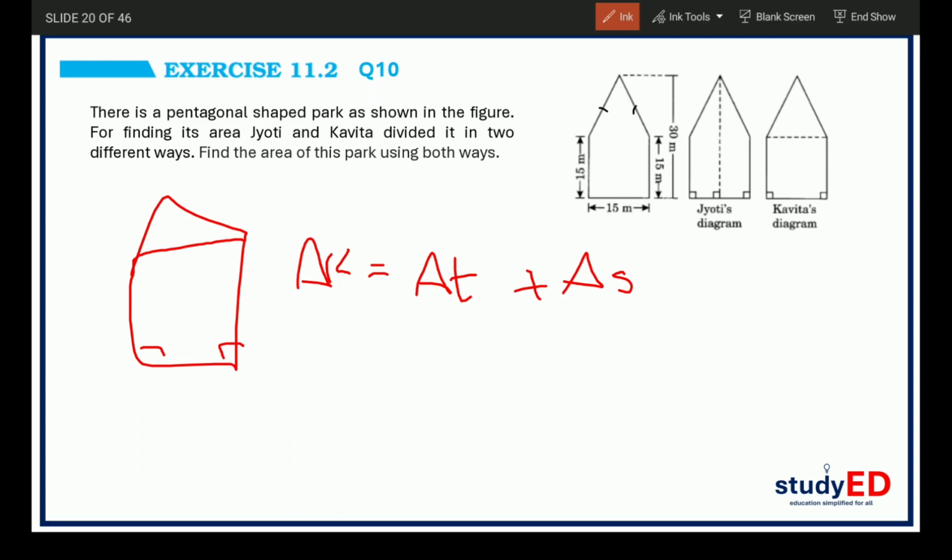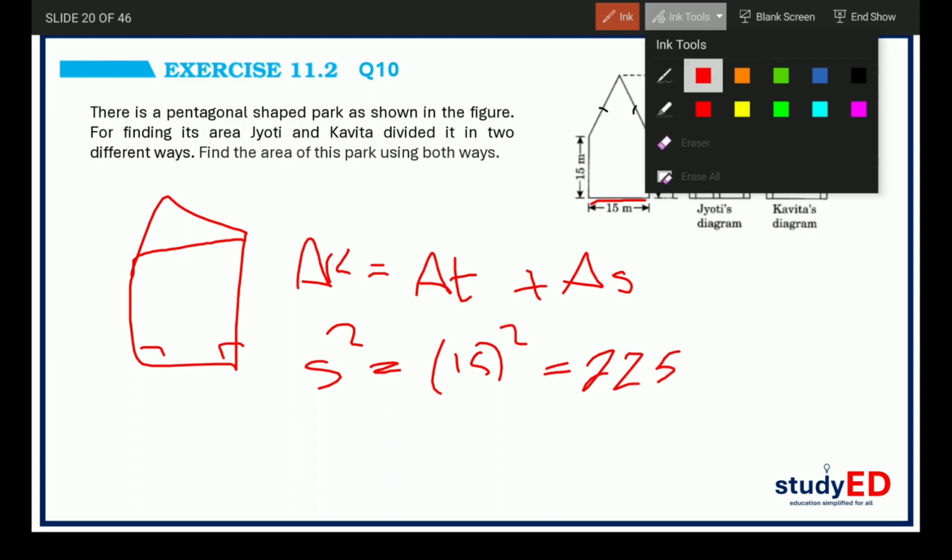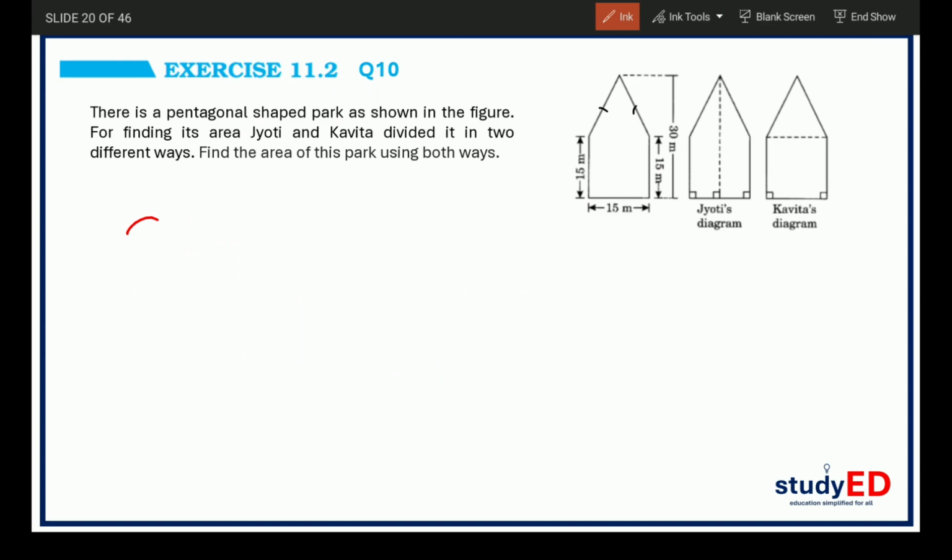Let's find out the area of the square first. We can see that both the sides are given 15. So since the area is s square, substituting 15 for s, we have 225 as the square's area. Let's put that in. Area of the square is 225.